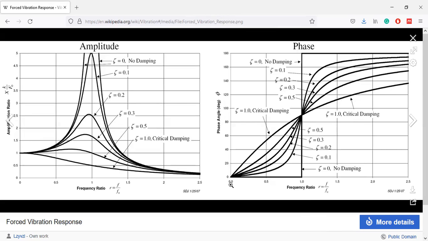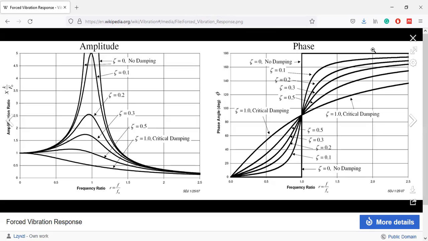Okay, so here for the frequency ratio equal to 1, it is vertical like this. For frequency ratio less than 1, here we can see the graph like this for the zeta equal to 0 case, especially the no damping case.